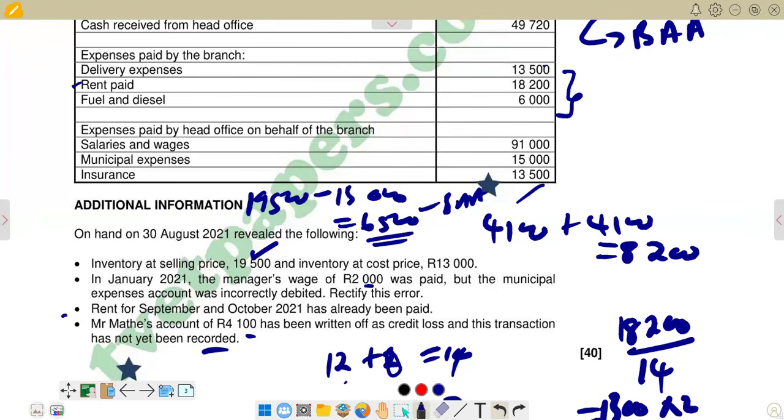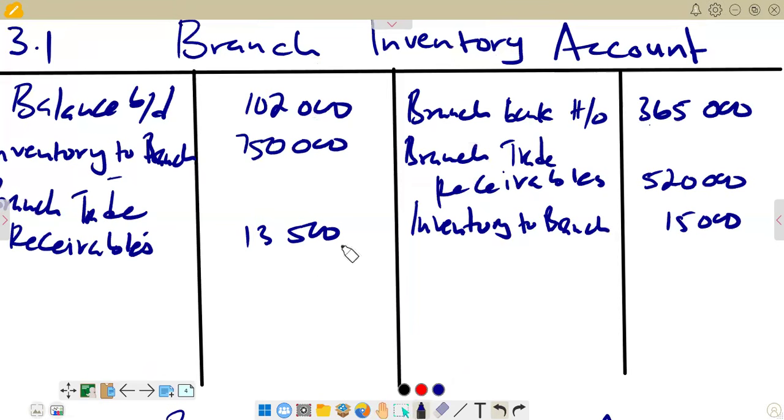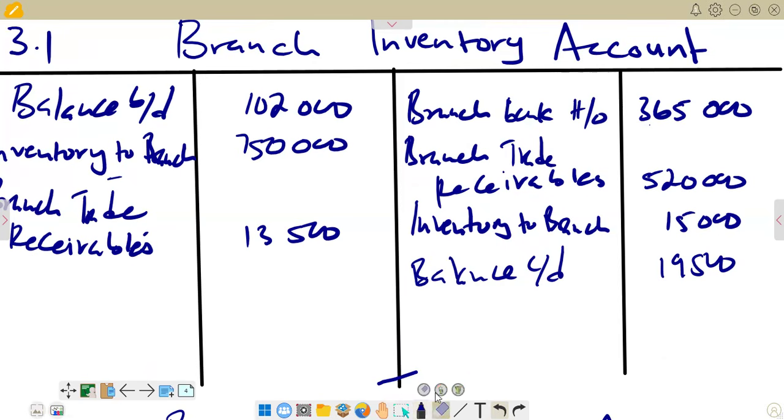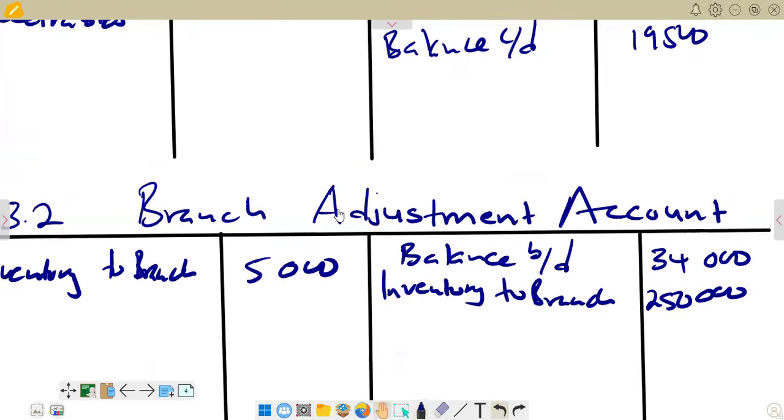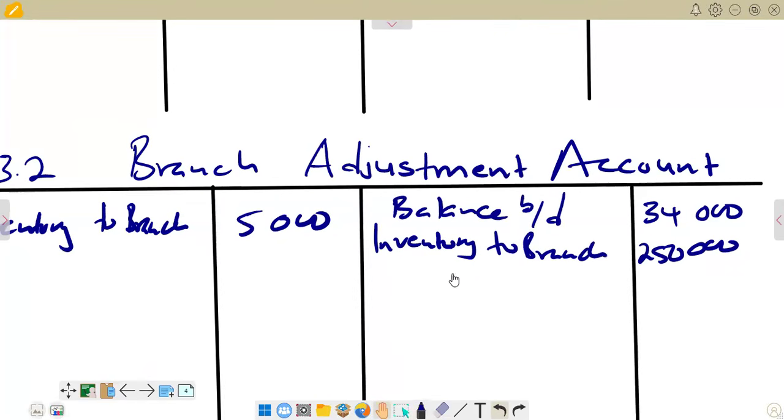So we can just go and enter those accounts. With the branch inventory account, balance c/d obviously is going to come on the credit side as our closing balance, and we have got 19,500. Then we go again to the branch adjustment and put the closing balance there. We have calculated the markup, so this is going to be our closing balance.